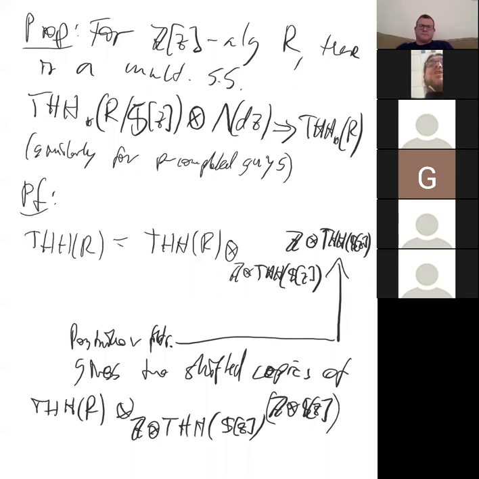And by what we saw earlier, this is exactly the relative object. So we've produced a filtration on THH R whose associated graded is two copies of this relative object. All right.